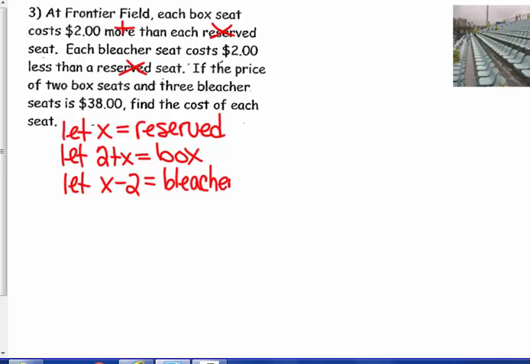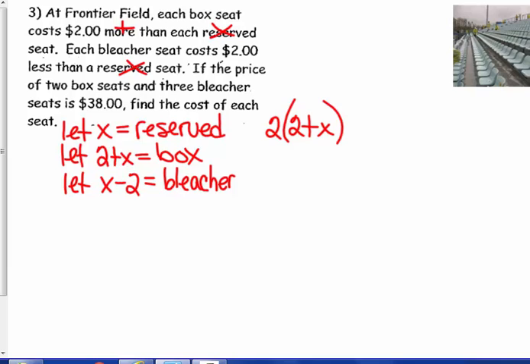Okay, now reading the next sentence is going to tell me my equation. If the price of 2 box seats, so I'm going to take my 2 plus x and multiply both parts by 2. So this is a distributing problem. Because that's a quantity, 2 plus x. It's not just a single number. It's two terms. It's a quantity. It's a binomial.